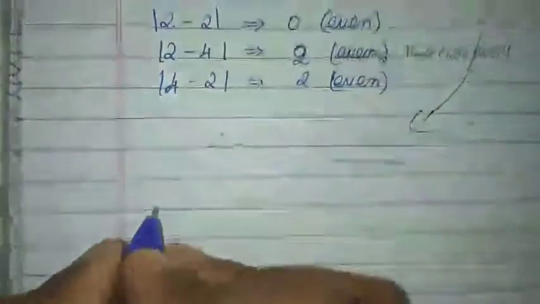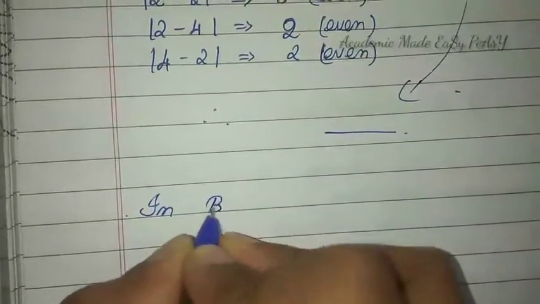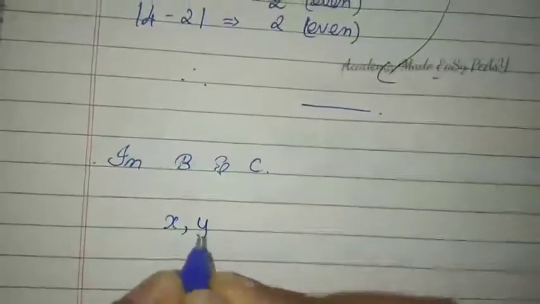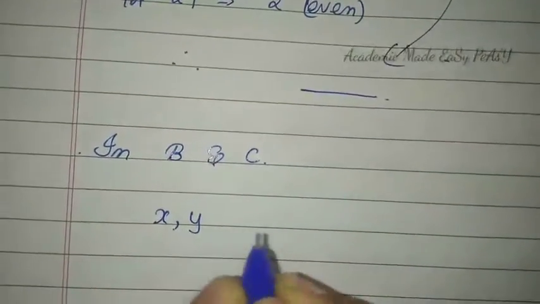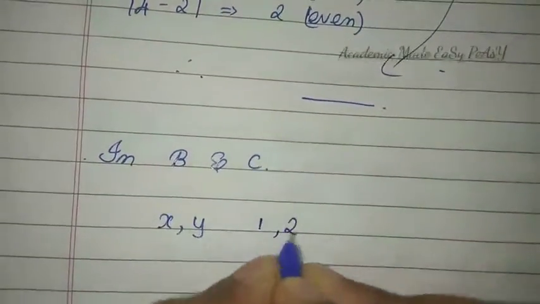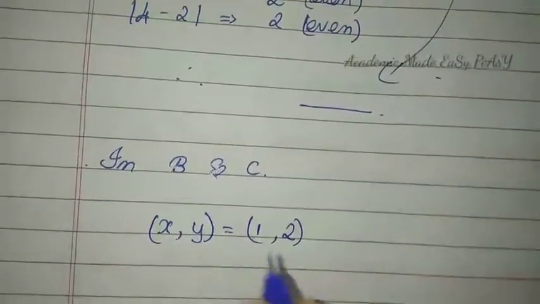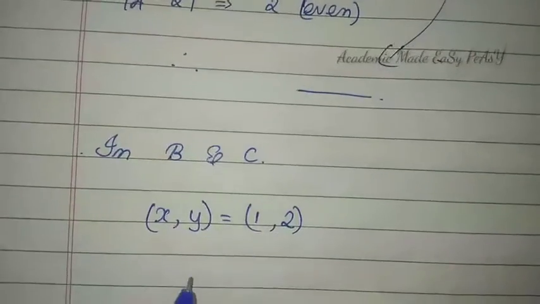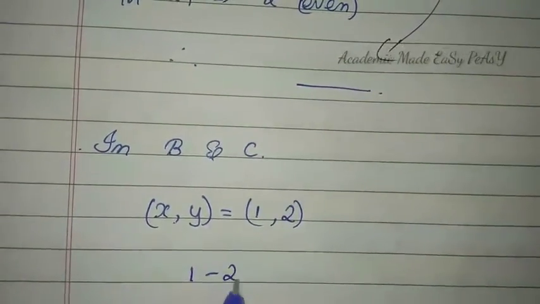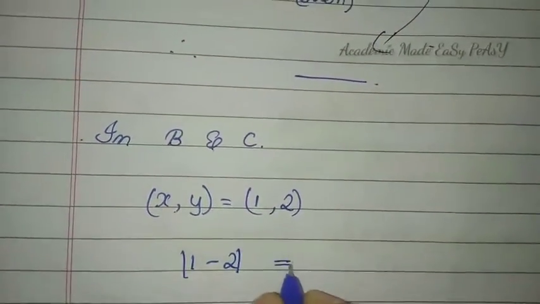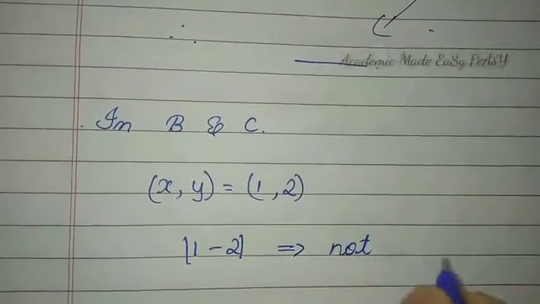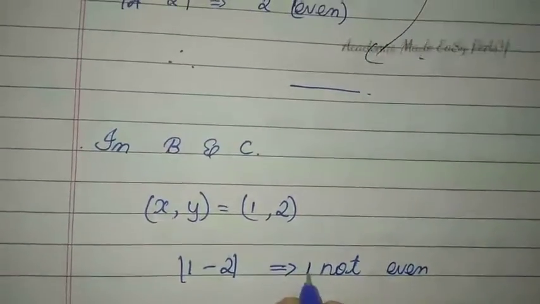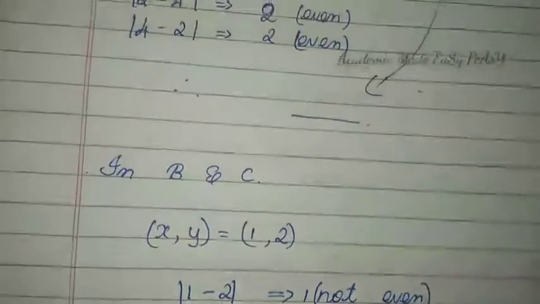Now we'll take B and C. If we take (x, y), for example (1, 2) itself, if we take (x, y) as (1, 2) and we apply it to the condition, modulus of 1 minus 2, we'll get 1 which is not even.